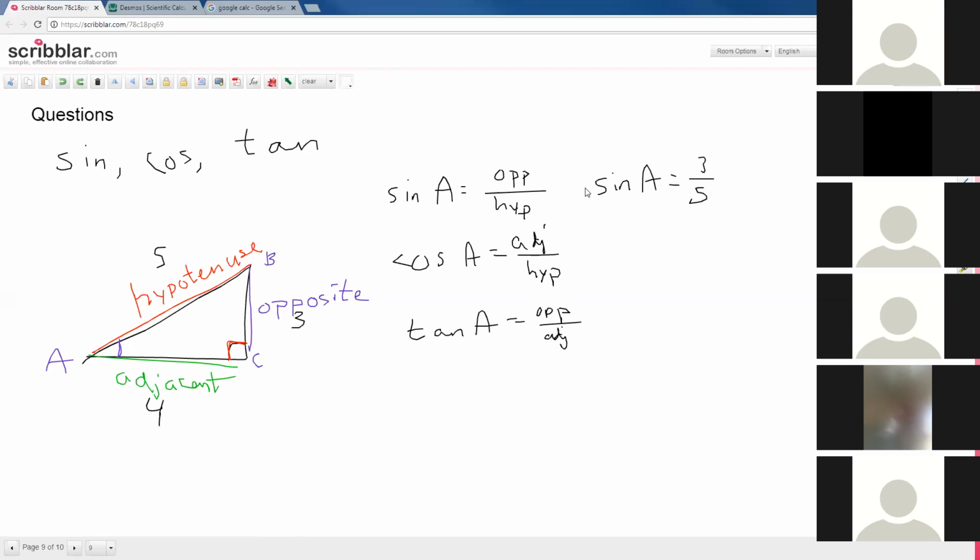So sine of the angle A is 3 over 5. If this is all they want, if they said find sine A, this can be your final answer. If they said find cosine A, we would just use the other numbers. Cosine would be 4 over 5 because it's adjacent over hypotenuse. So that's one version of a trigonometry question they can ask. The group name for all sine, cosine, and tan is trigonometry. So you might hear me say that just to refer to all of this topic together.